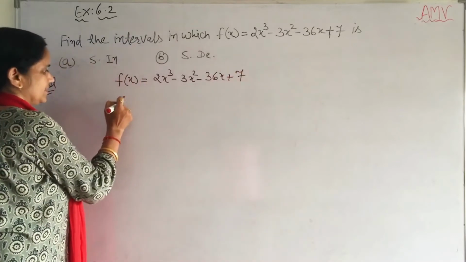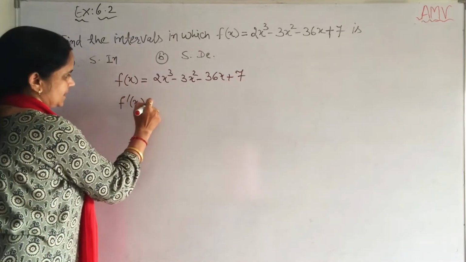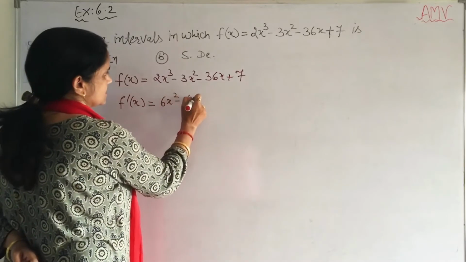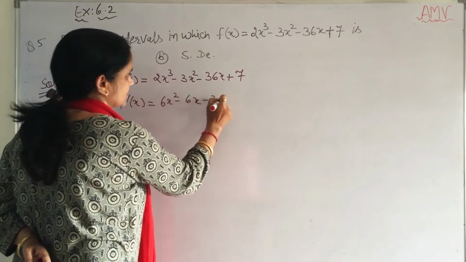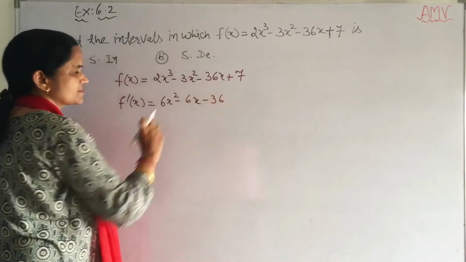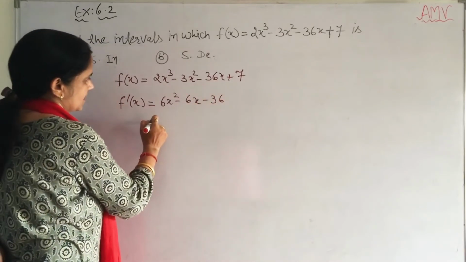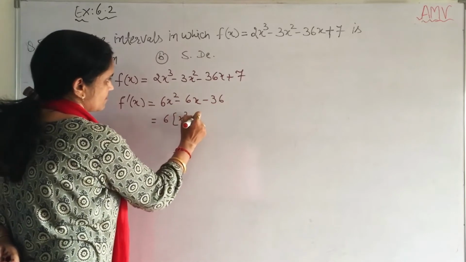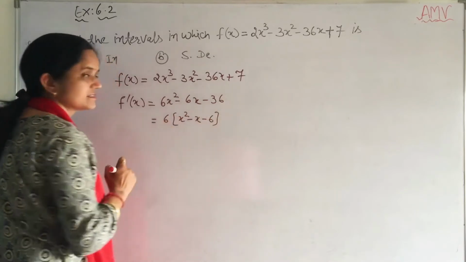Find f dash x by differentiating with respect to x. It is 6x square minus 6x minus 36. Now see, 6 is common here, so it is 6 times x square minus x minus 6.